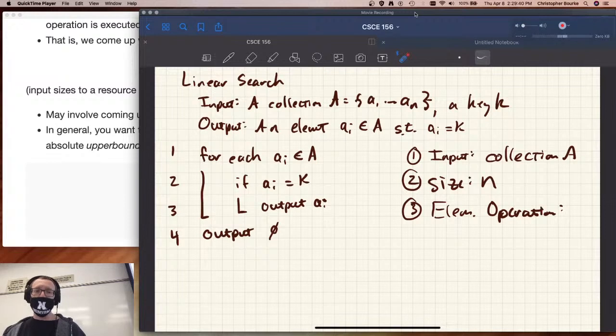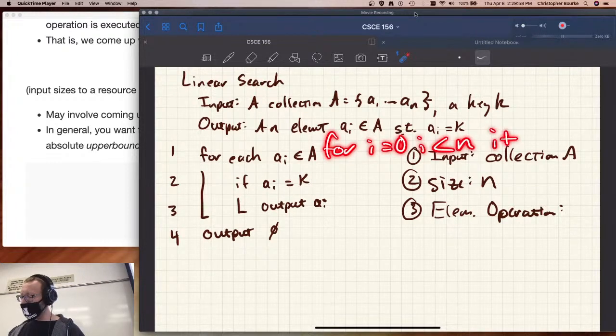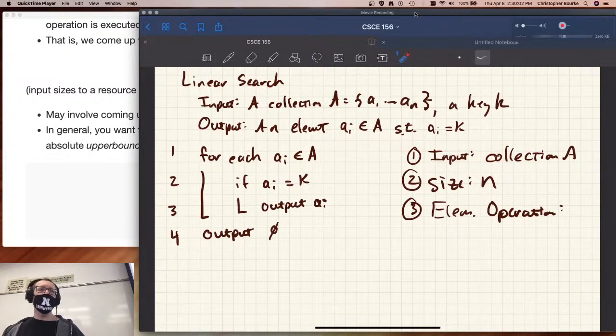If you have a naive algorithm that iterates over a linked list and you do it badly, you're waiting 20 years for it to compute. If you were to write this out in a traditional for loop, for i equals 0, i is less than n, i plus plus, you do have comparisons. You do have additions.